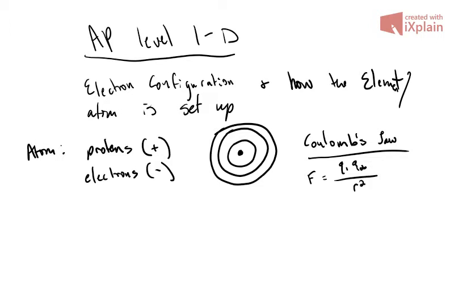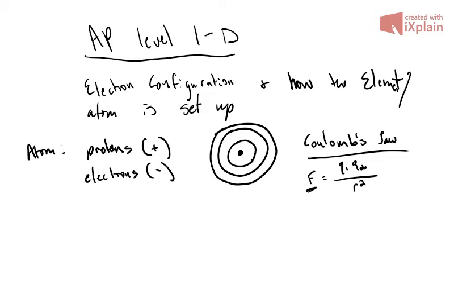Okay, so the force between two particles, their charges are Q1 for the charge of particle 1, and the charge of particle 2 is Q2. And then it is inversely proportional to the radius, or how far apart these particles are.